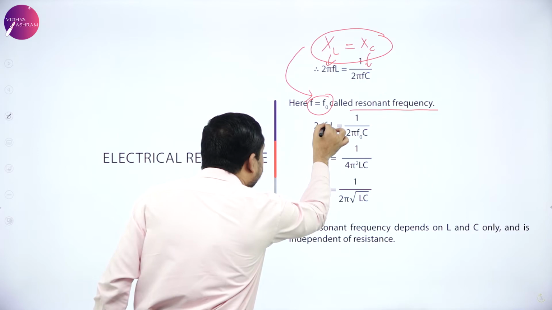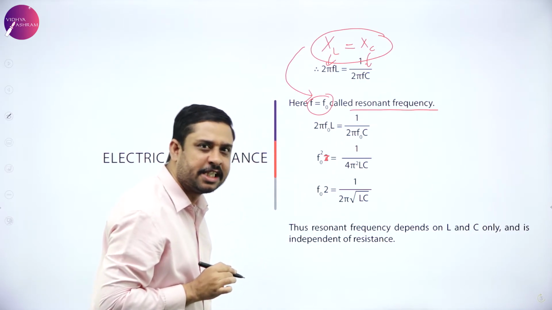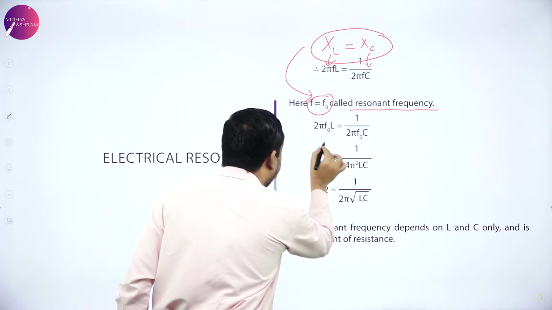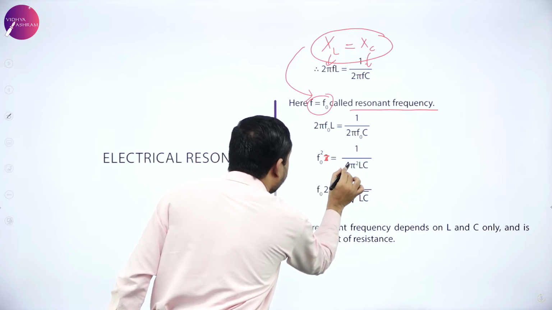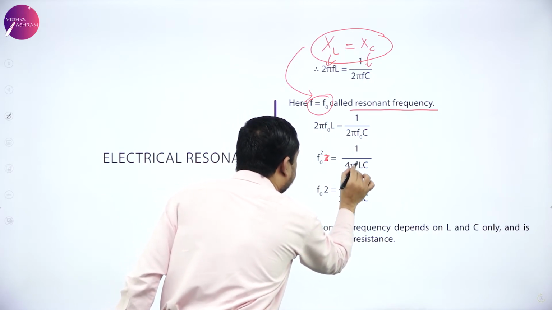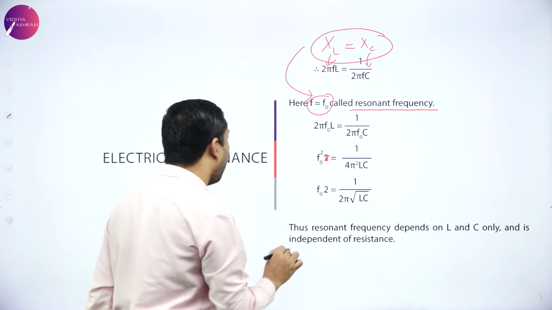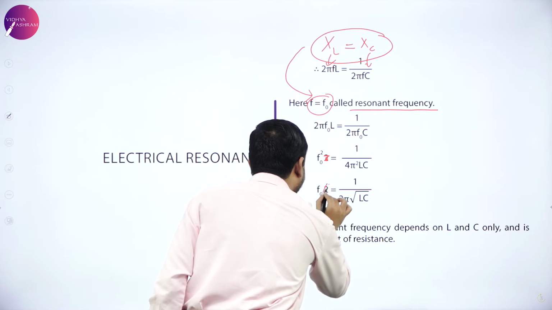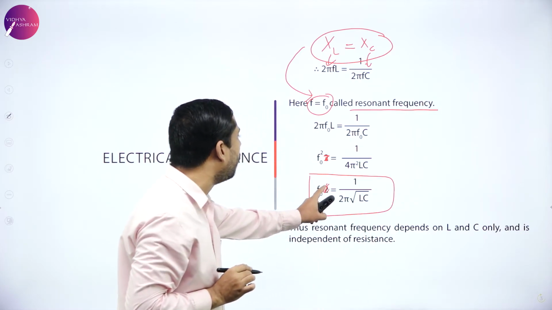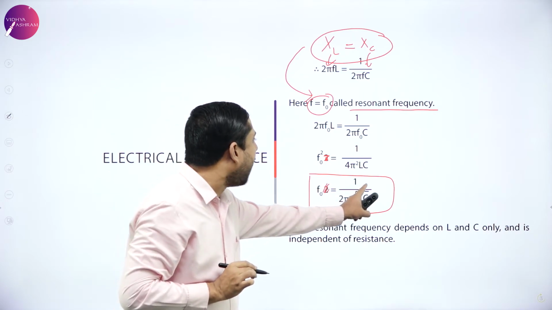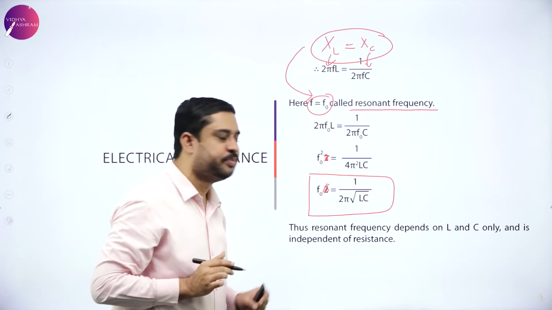F naught into F naught is F naught square, which is equal to 1 by 2 into 2, 4 pi into pi, pi square, L coming to the denominator, and C. Or we write, taking square root, F naught is equal to 1 by 2 pi root LC.